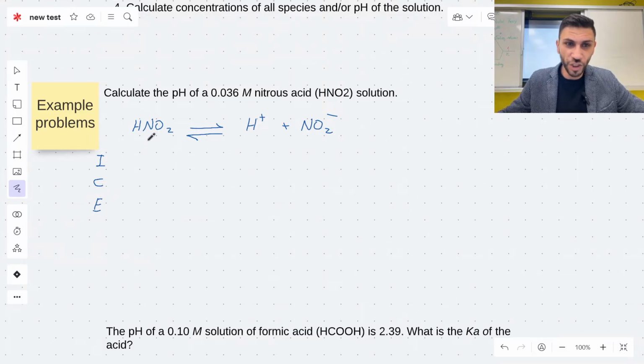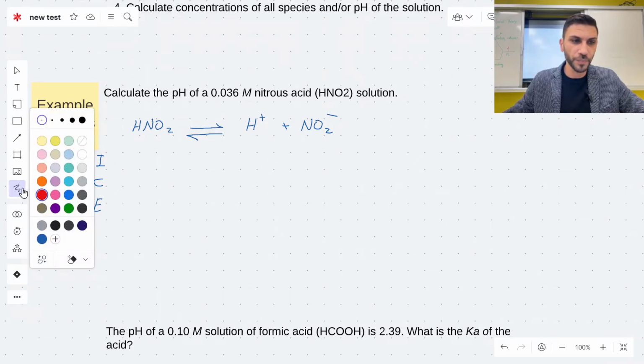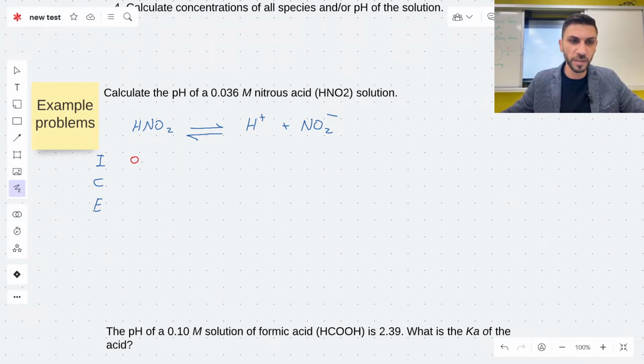Now, the initial concentration of HNO2 is 0.036 molar. The initial concentration of the H positive ion was 0 before the reaction, as well as the NO2 negative, so it's going to be 0.